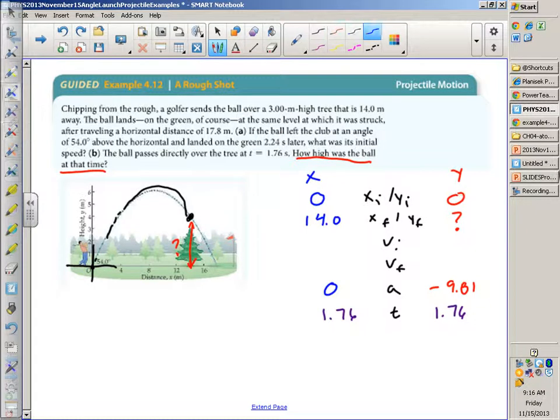The initial velocities, right? Now that we're talking about passing over this tree versus when the ball landed over here on the ground, does that change what was happening way back at the beginning? No. So this is going to be 7.95, and this is going to be 11. Okay? Good there?